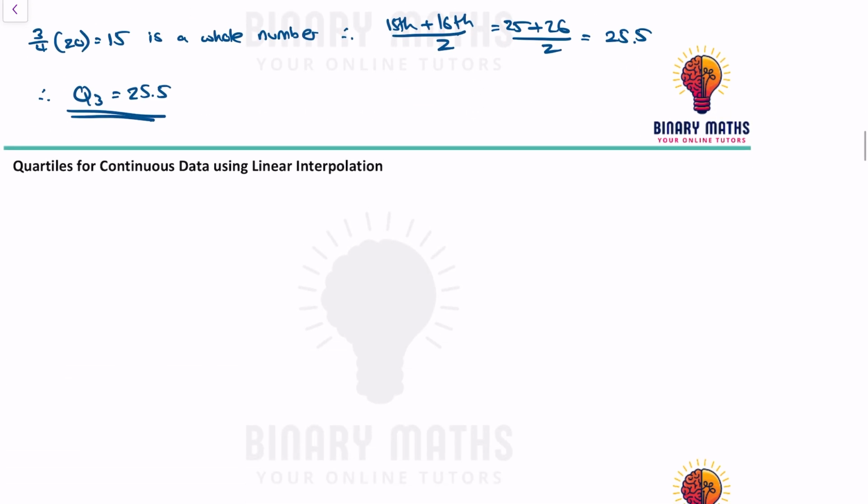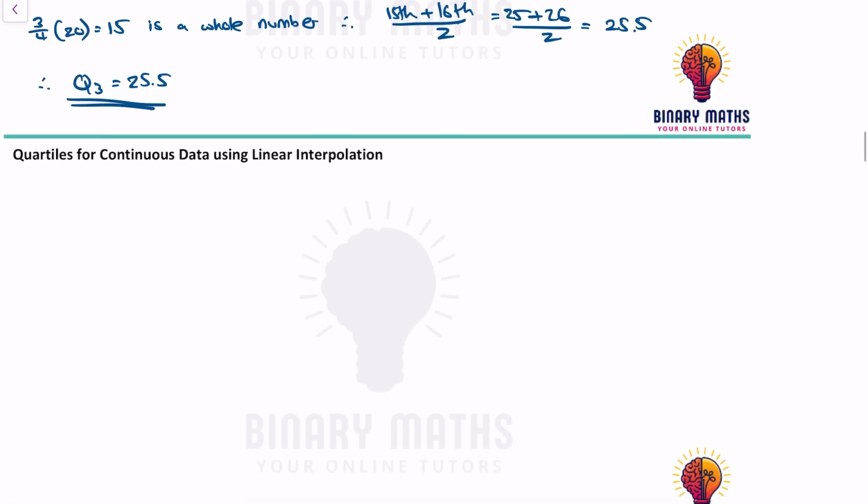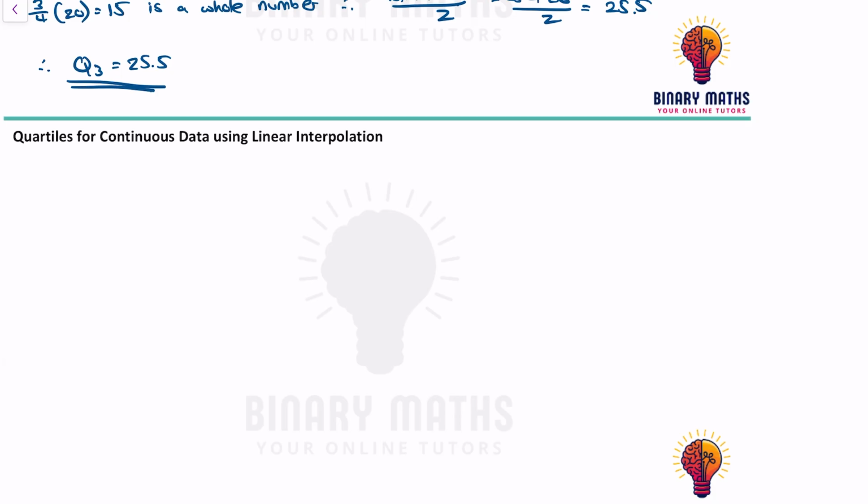Okay, quartiles for continuous data using linear interpolation. So you have to use this process called linear interpolation when you're working out Q1, Q2, and Q3 for continuous data. Now, for Q1, there is no rounding up or down. There's no rule for when it's a whole number and when it's a decimal number. What you do is you just take the 1/4 nth data value.